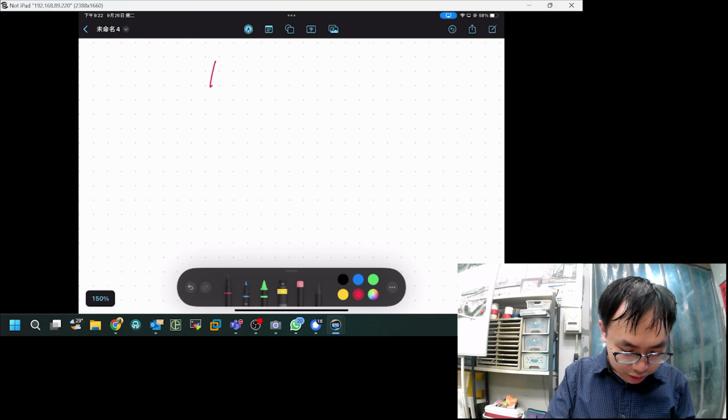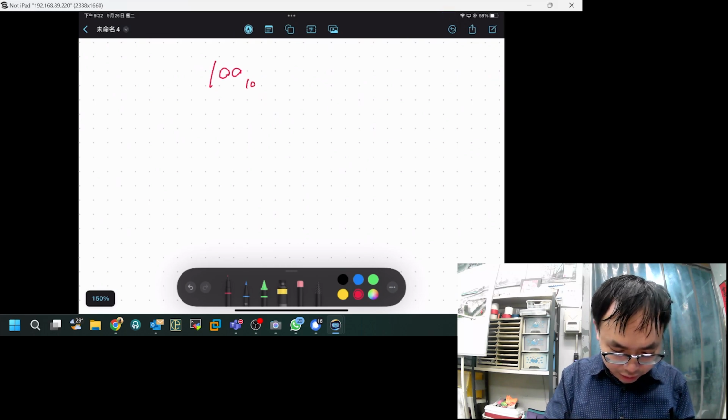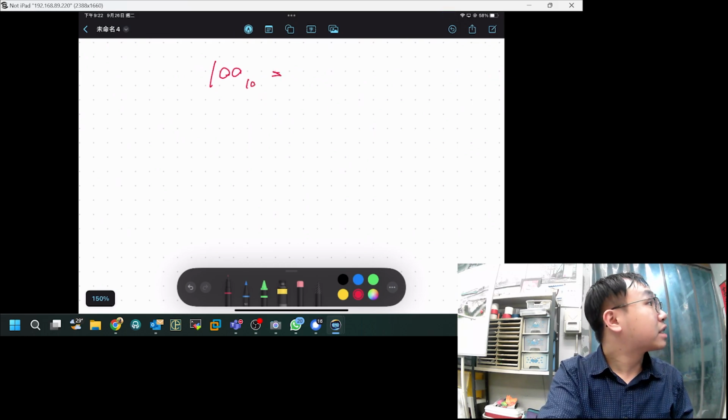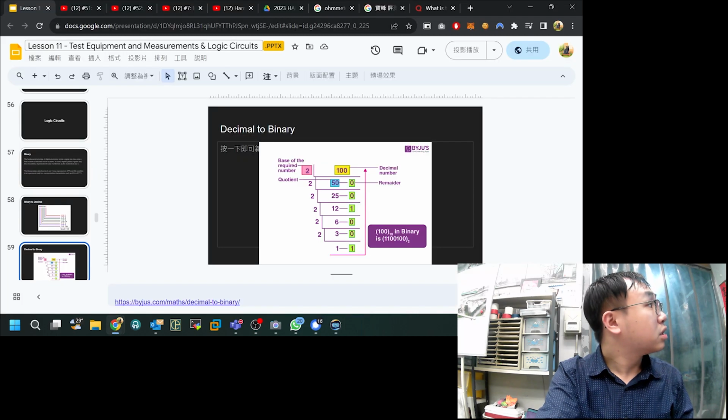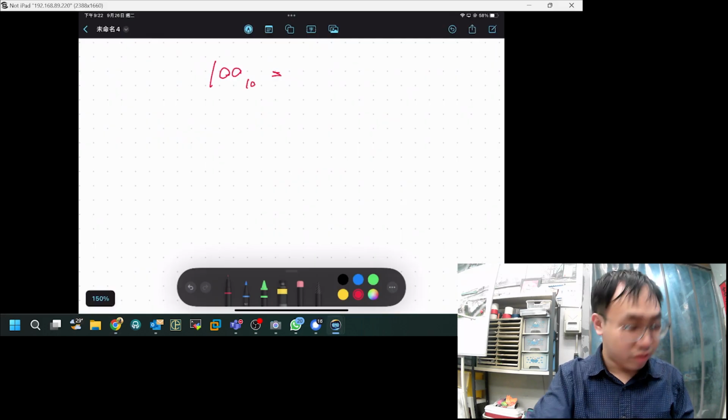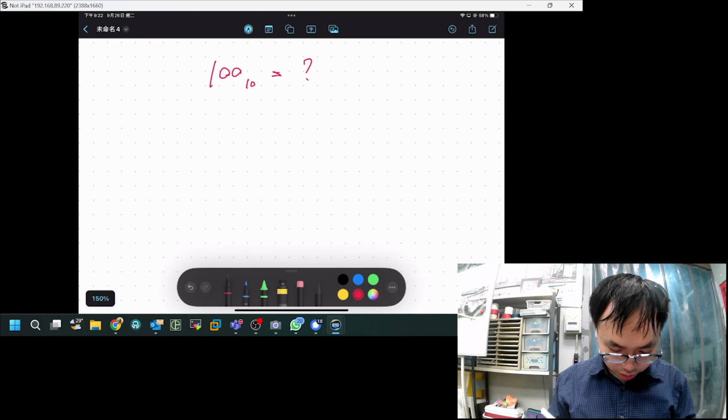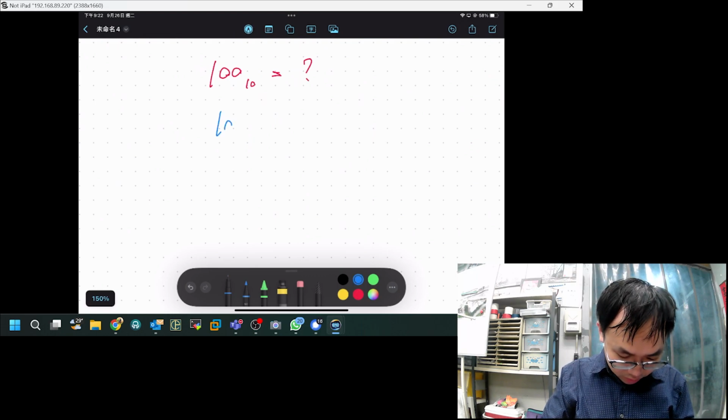Okay, for example, in our example, never mind. I will do the calculation myself. 100, so divide by 2, 50. Divide by 2, 25. Divide by 2, 12.